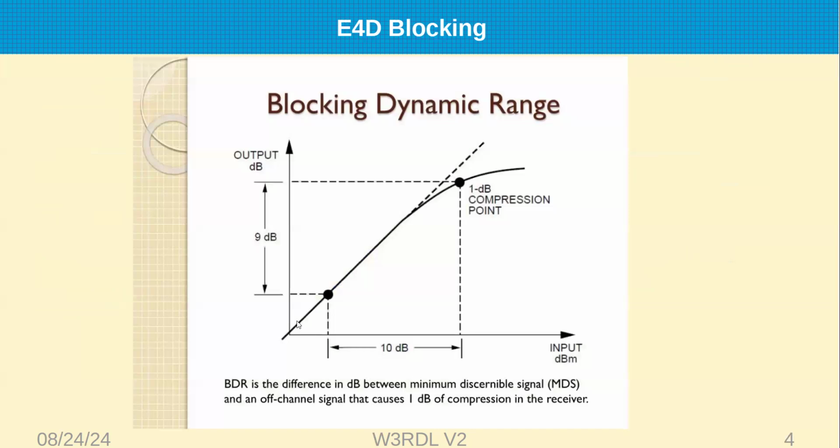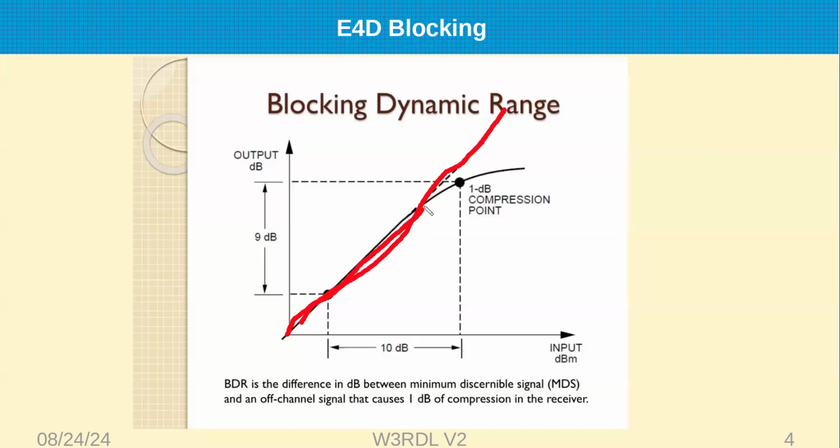So if we look at the chart, if everything was perfect, you see this straight line that goes up. In an imperfect world, we can't follow the straight line.